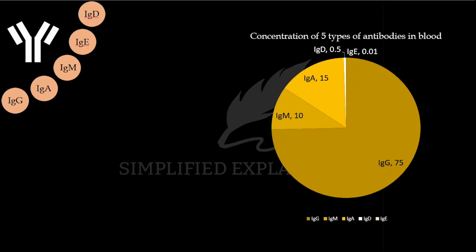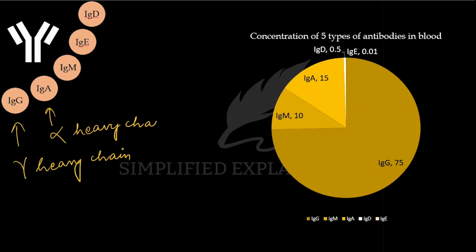So let us now get to know what the types of antibodies are. If the antibody has a gamma heavy chain, those antibodies will be known as IgG. If the heavy chain is alpha heavy chain, then it will be known as IgA.